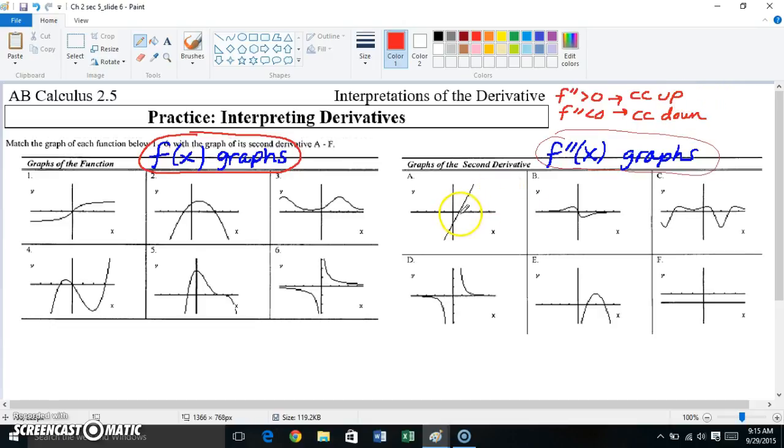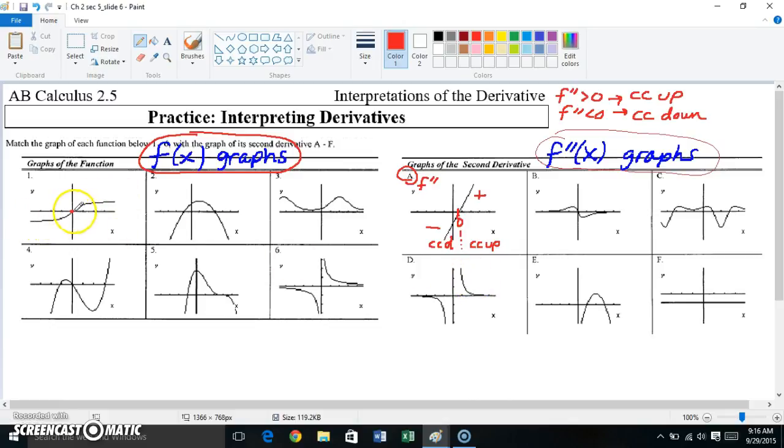All right, so let's just take a look at graph letter A. It looks like there's a 0 here. Slopes are negative, then positive for my second derivative. So I want to look for concave down and then concave up on my function. Okay, so the first graph is concave up, concave down.